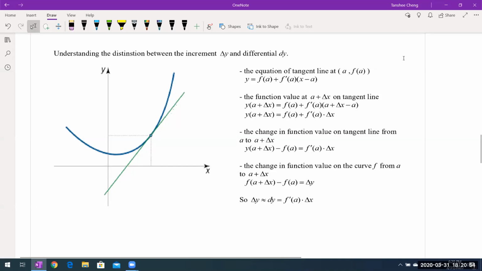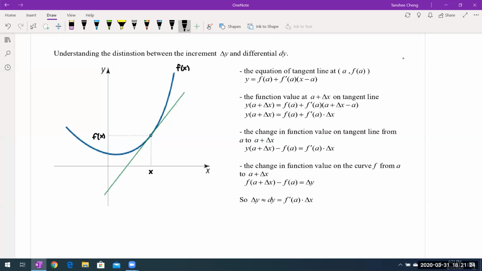So another thing that we want to make clear is, the increment delta y, which is the change in the y value of the function. How is that different from the differential? As before, let's say that this function is f of x. And so right here, at the point x, I have a function value f of x.